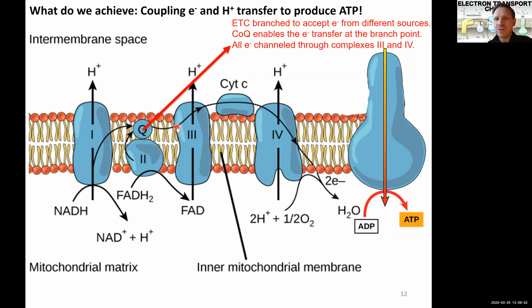What that allows us to do is branch our electron transfer chain. So it's not just a series of events from complex 1, 2, 3 to 4. Actually, CoQ branches the ETC by being able to interact either with complex 1 or with complex 2 here.